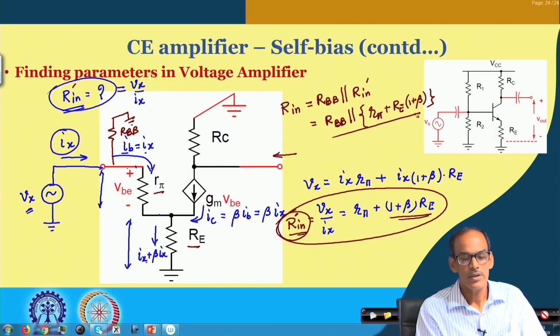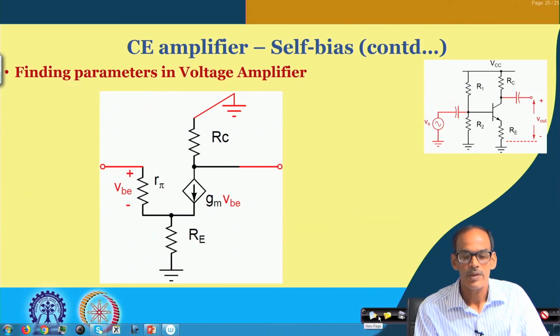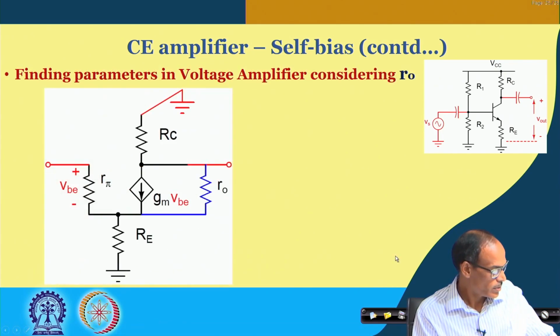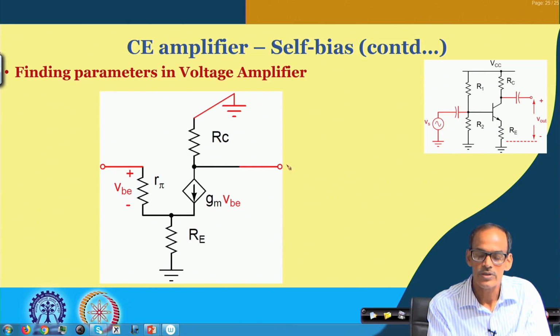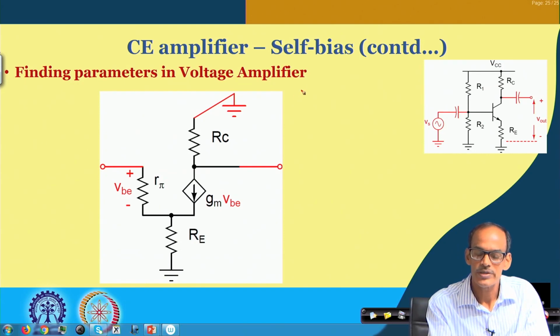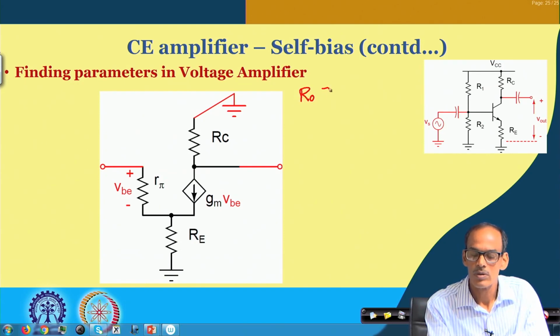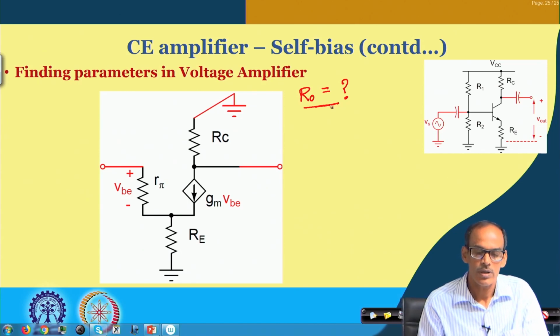Similarly, let us analyze the output port and see the corresponding expression of the output resistance. Let me do it here itself. While doing a similar kind of exercise, we need to find the output resistance R o of this voltage amplifier, while mapping this small signal equivalent circuit into a voltage amplifier.